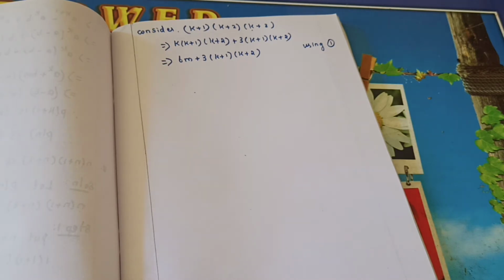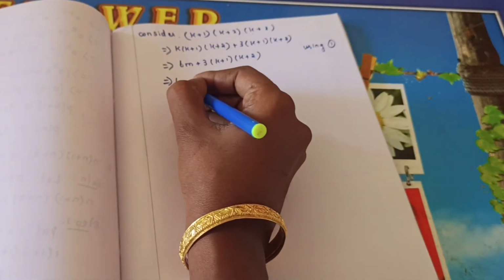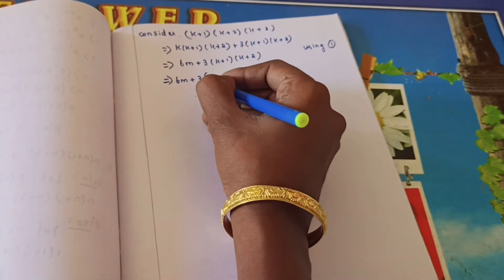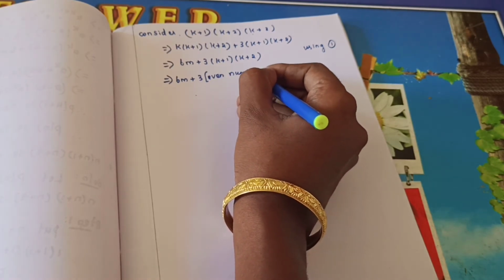This 3 into k plus 1 into k plus 2 will be an even number. Why? If you want, you can substitute any value and check it. If I am substituting k as 1, what will happen? 1 plus 1 means 2, is it right? Next 2 plus 2 means 4. So 4 into 2 means 8. Yes, whatever number you substitute, you will get an even number. So we will write like this: 6m plus 3 into an even number.